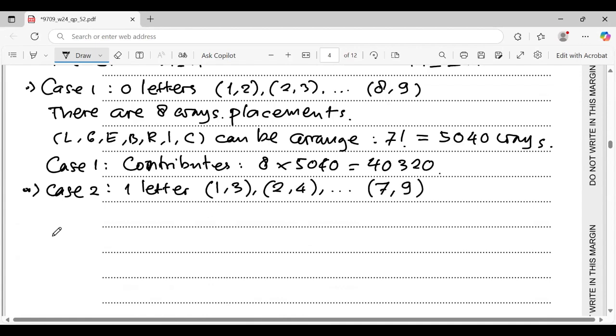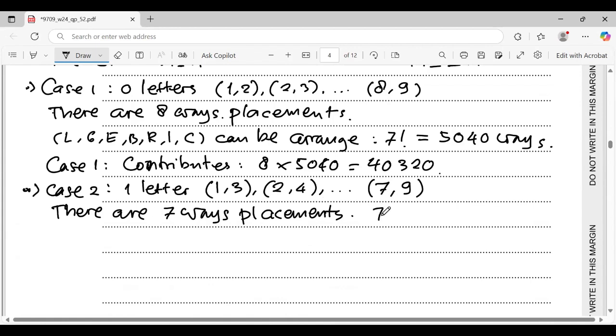Okay. So in the second case, if you find this condition, there are 7 ways of placement.